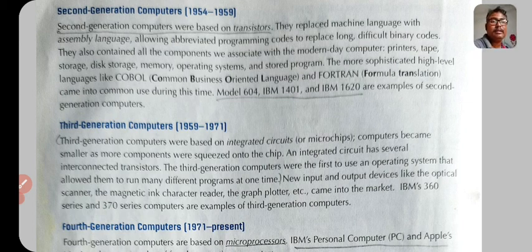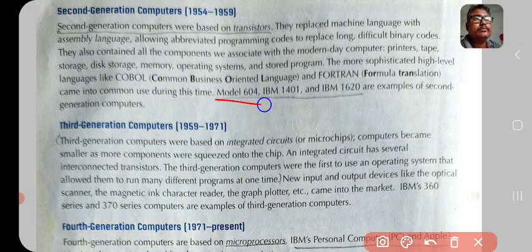These were commonly used during that time. The IBM 604, IBM 1401 and 1620 are examples of second generation computers.